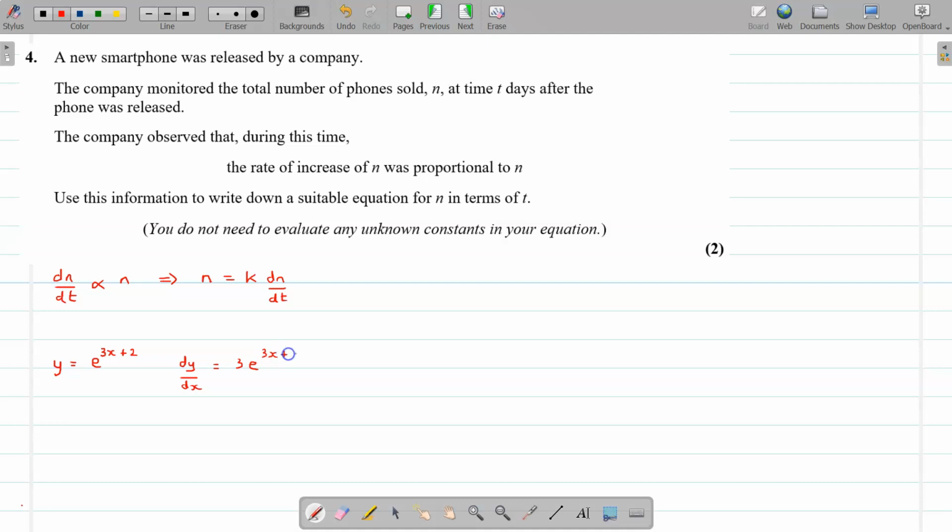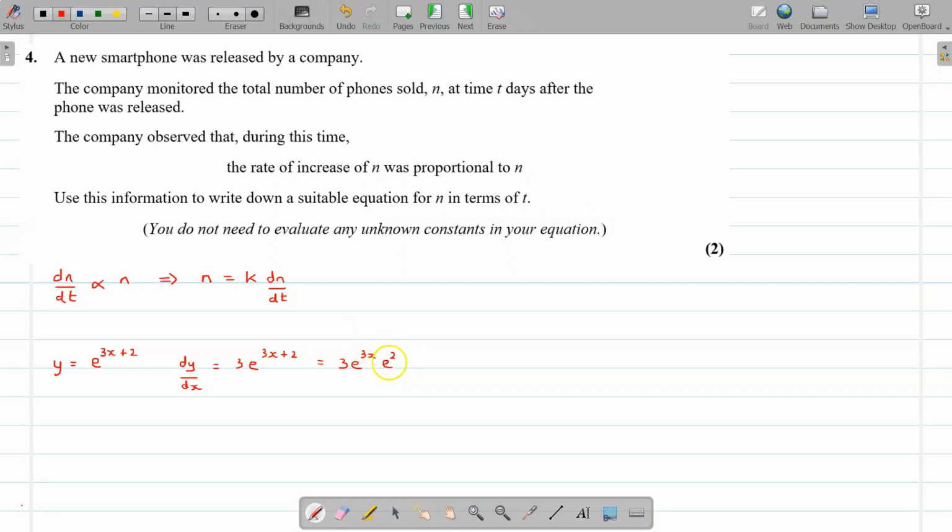Okay, and that could then be written as 3 times e to the 3x times e squared, using the rules of indices.